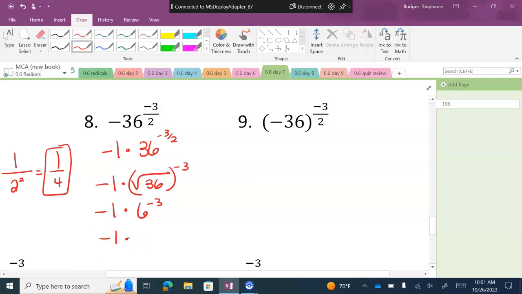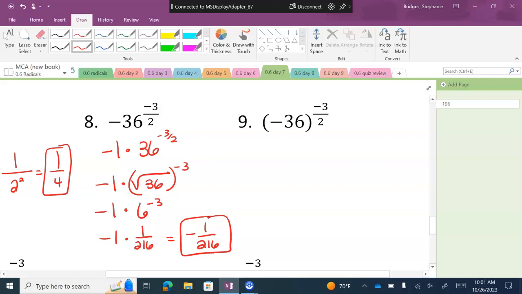Then 6 to the negative 3rd is going to become 1 over 6 to the 3rd, right? Which is 1 over how much? 216. And then I just multiply that by a negative 1, and so I get negative 1 over 216. So far, so good?